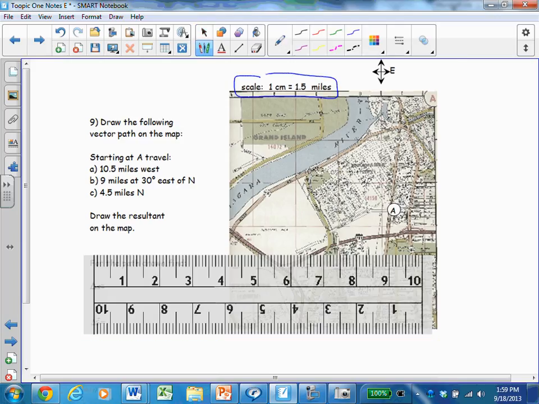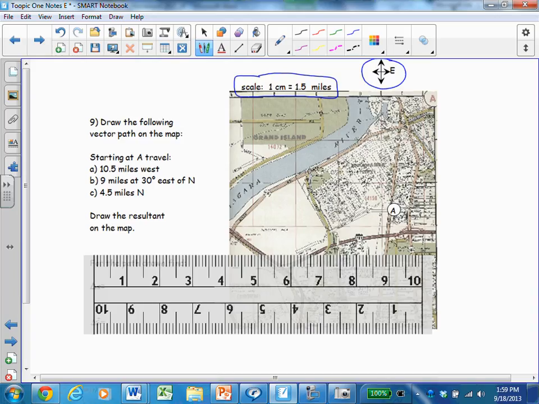Now a vector, what's a vector look like? You watched the video, right? A line with an arrow. The length of the vector represents the magnitude, and the way it points is its direction. So we have two things up here that tell us one about direction, one about length and scale.